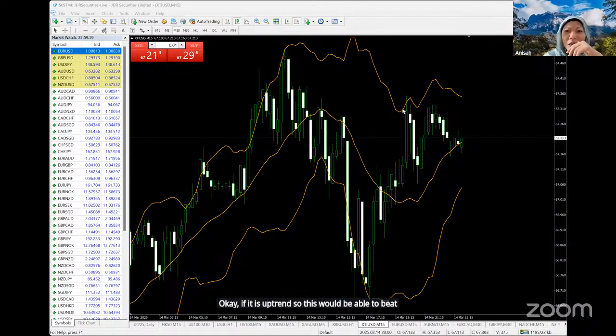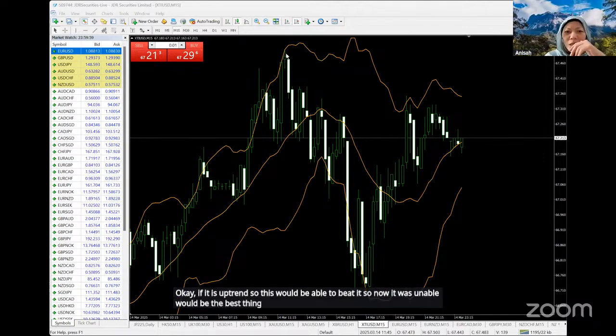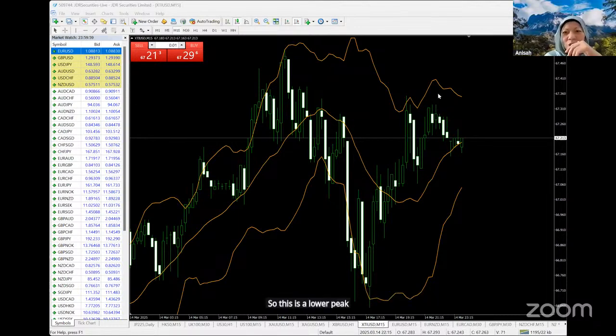Now it was unable to, so it could be reversing. If this is the previous peak, this is a lower peak, so the structure has changed to a lower high. But it makes a new higher high. So this is a correction, and this is a flat peak, the same height. Could it be making a new base at the top here? We don't know.